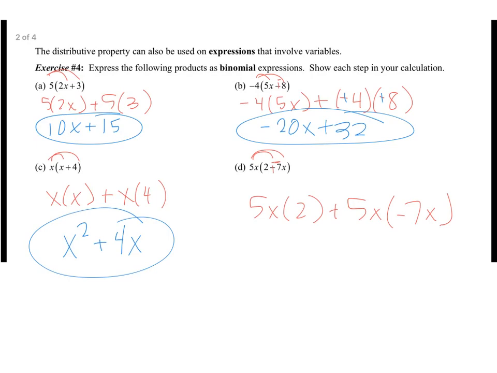So 5x times 2 is 10x plus positive times negative is a negative. 5 times 7 is 35. x times x is x squared. If you want, you can rewrite it in order according to x's to be ascending. So negative 35x squared plus 10x.